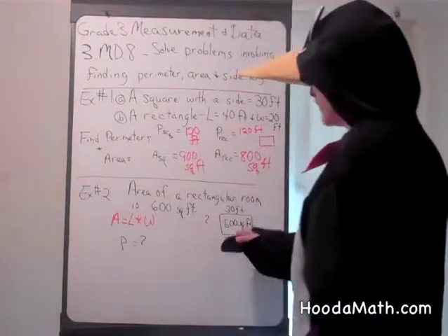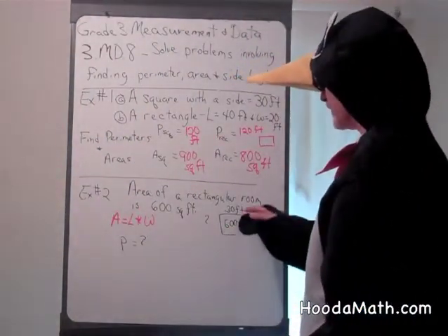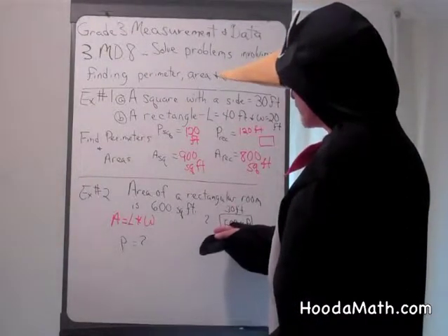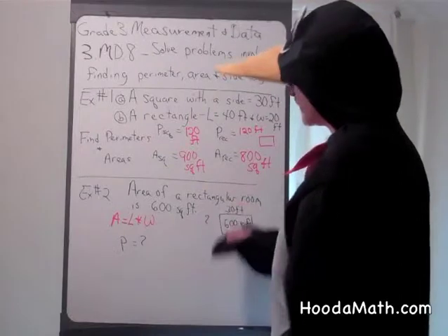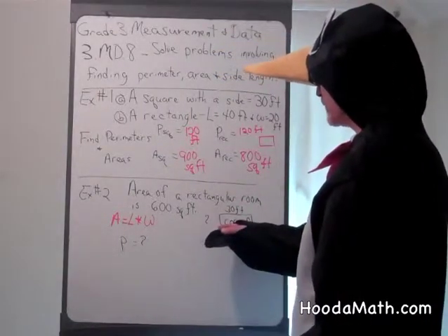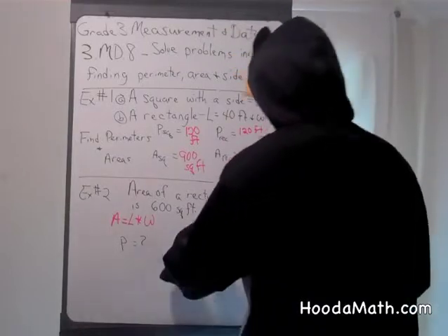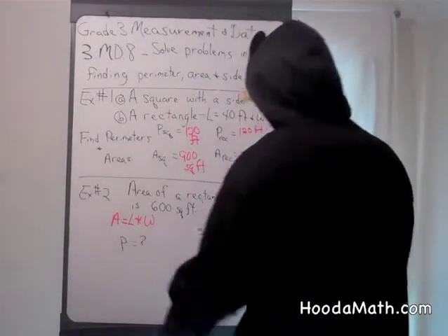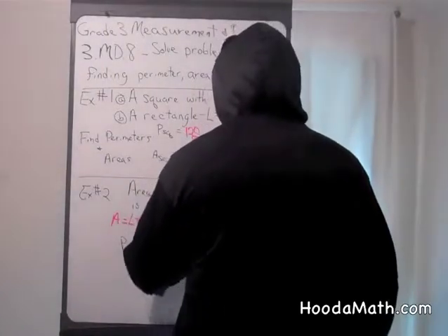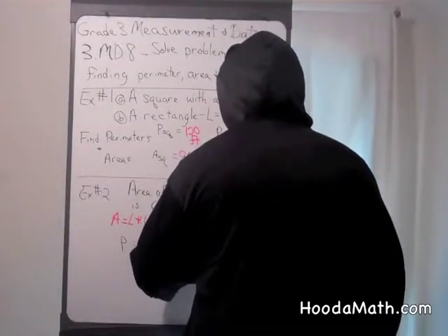What times 30 would give us 600? Well, 3 times 2 is 6, 2 times 30 would be 60, and another 10 would be 20. So 20 times 30 would be 600. So the side length is 20 feet.